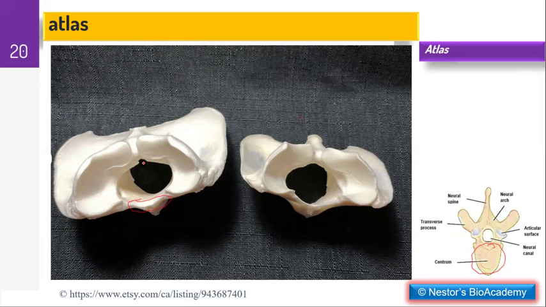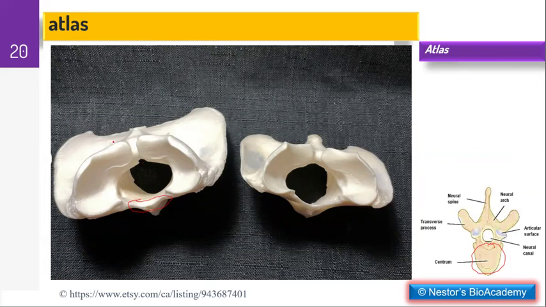Just above the cervical vertebrae, we have the head. We have the skull coming through. So of course the weight lying above the atlas vertebra is less compared to the weight that the other vertebrae, like lumbar, thoracic, and sacral vertebrae, have to support.